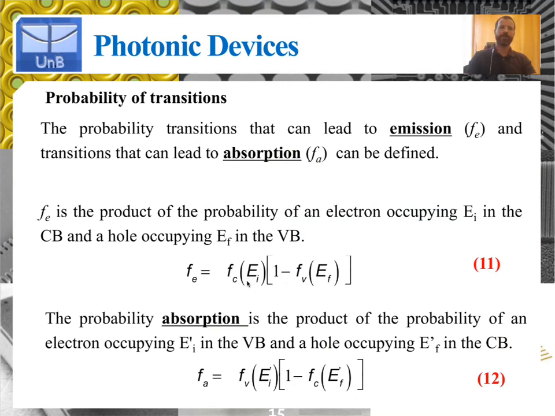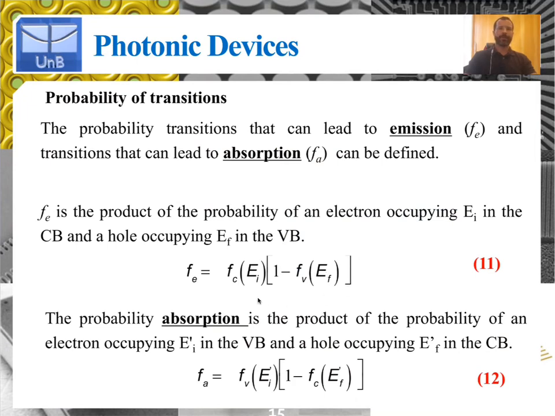This term here is the probability of occupation by electrons in the conduction band at this energy level, and this term right here is the complement, so the probability of occupation by holes associated with the energy level EF in the valence band.